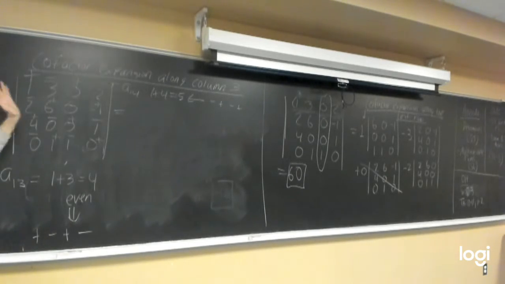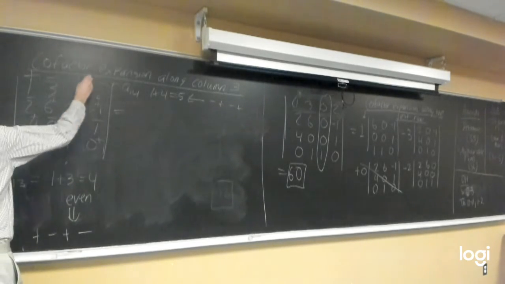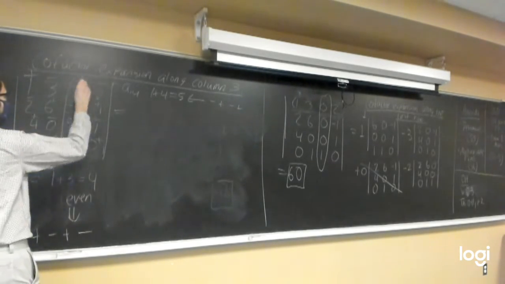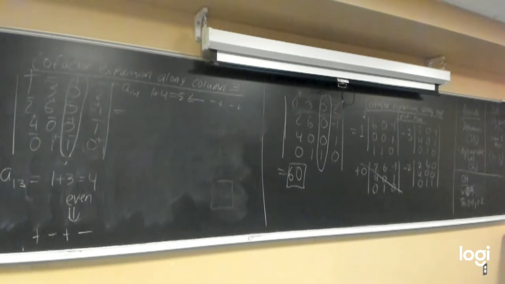So let's go through and evaluate with cofactor expansion along column 3 and see if we can discover why it's advantageous to pick a row or column with a lot of zeros in it.